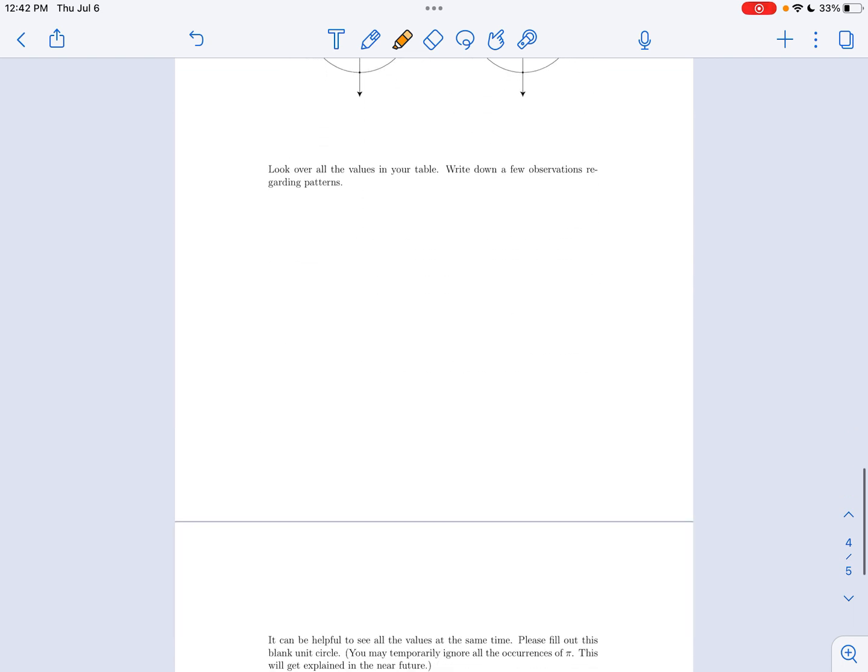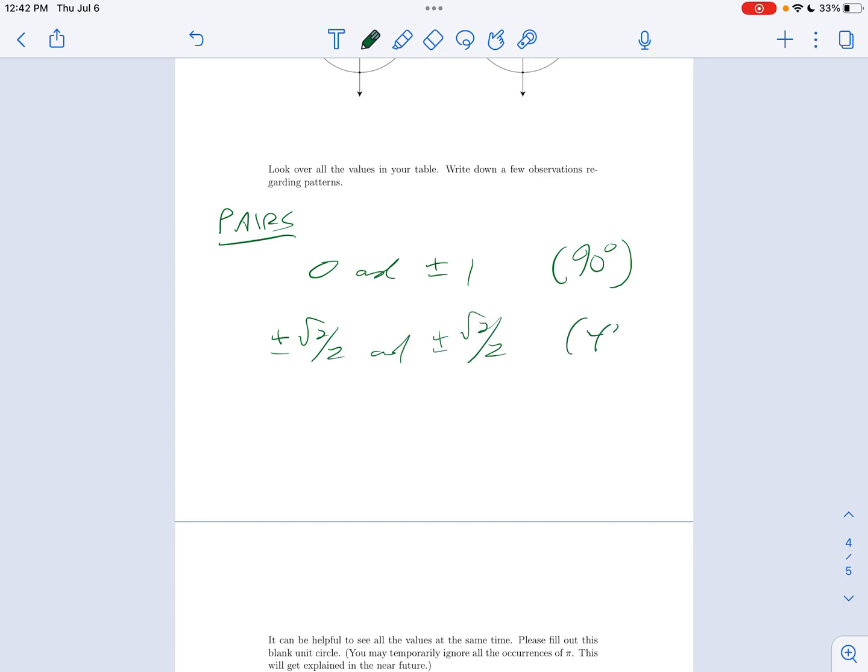So let's just make a note of that. Pairs. Sometimes one of the numbers is 0 and the other is either plus or minus 1. And that's for angles that are like 90 degrees. Sometimes we have that each one of them is some version of root 2 over 2. That's for angles that are like 45 degrees.